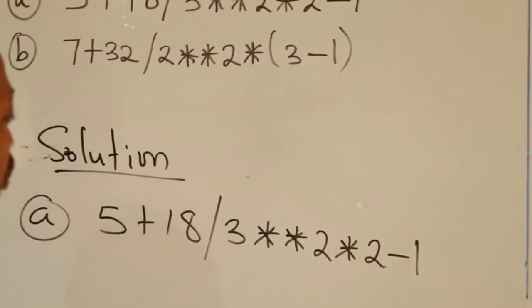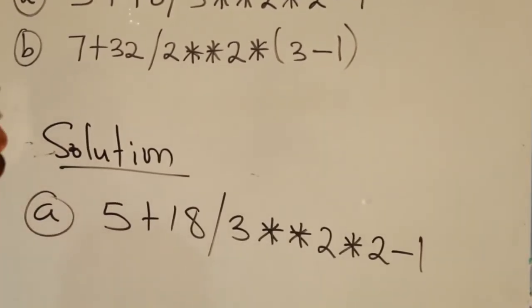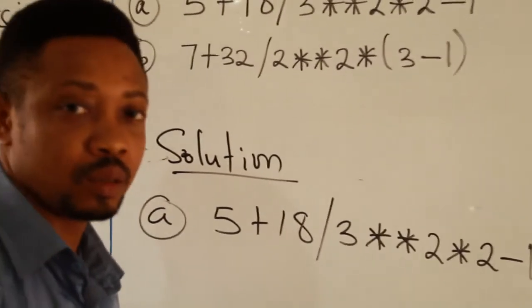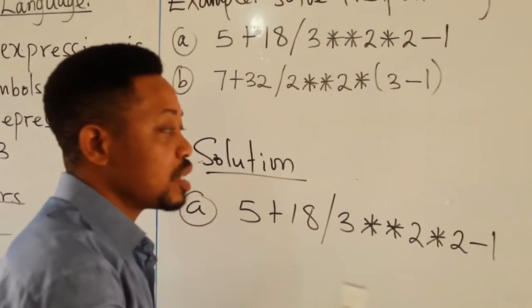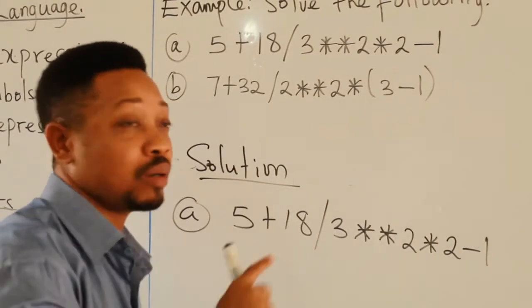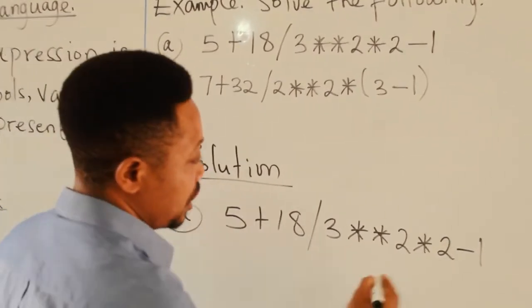Now look at this expression very well. Remember that double asterisk means exponent. So in using BEDMAS, because there are no brackets, we will start with the exponent, because that's the next in the order of precedence. So how do we do it? We indicate it.